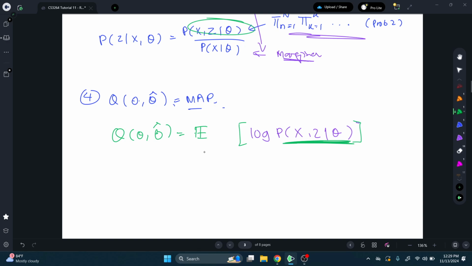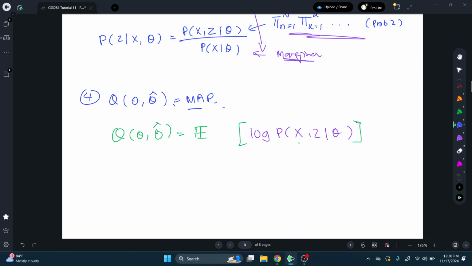But again, we also have to carefully specify what expectation we follow. Here is where it will be a bit trickier. Notice that here your theta itself now changes its definition into your new parameters, whereas your theta hat is basically the current set of parameters. You cannot simply say, I want to take the expectation based on the new set of parameters, because that is what we will actually derive later.